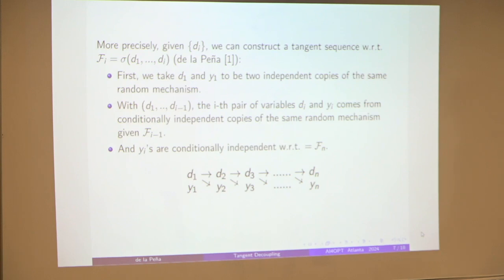Then the variables have the same conditional distributions given the past, but the yi's are independent. Even though the box is getting empty at every stage, it's only getting empty when we take the d sub i's outside.